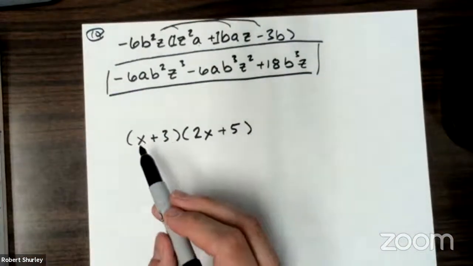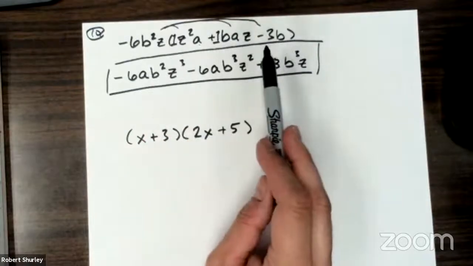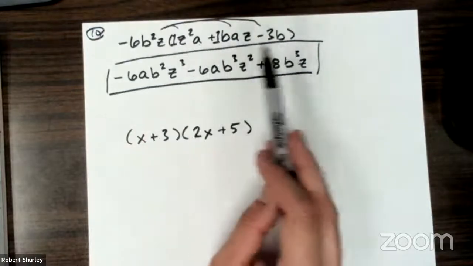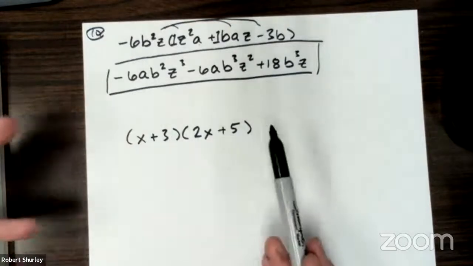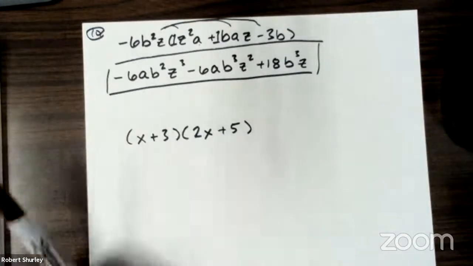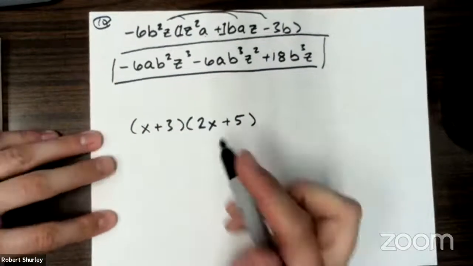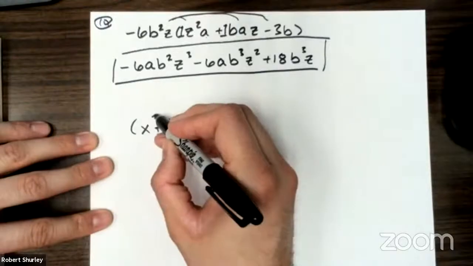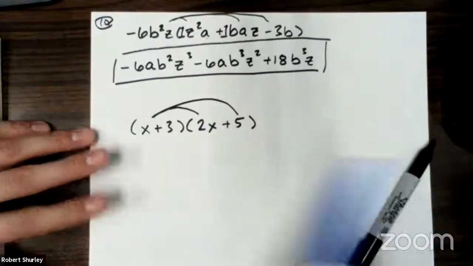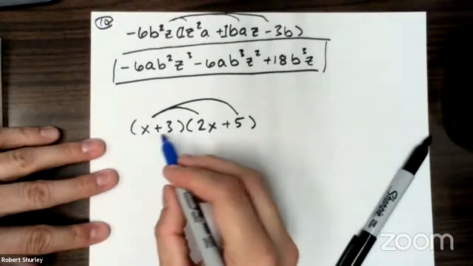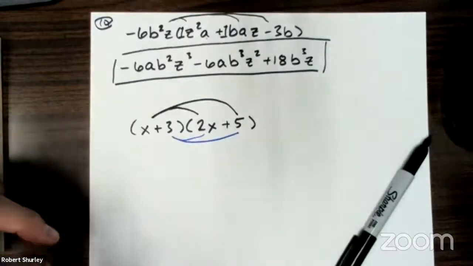So now we don't have a single term being multiplied into a larger polynomial, right? Now if you know FOIL already, you're more than welcome to FOIL, but I need you to understand really all you're doing is distributing, okay? You're taking this first term, you're multiplying it into both, and then you're taking the second term in this first polynomial, and you're multiplying it into both of them.